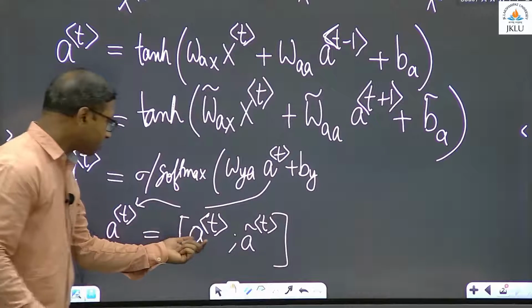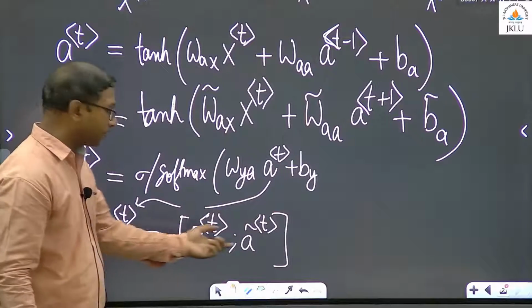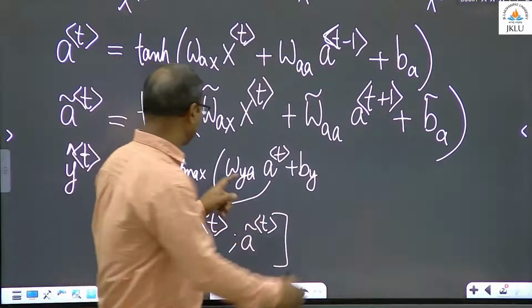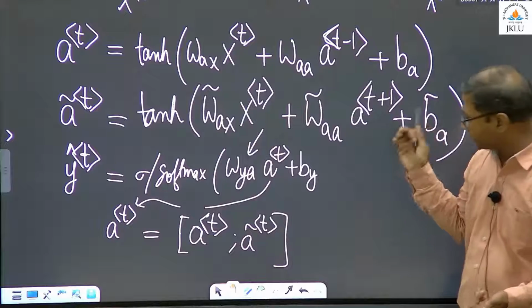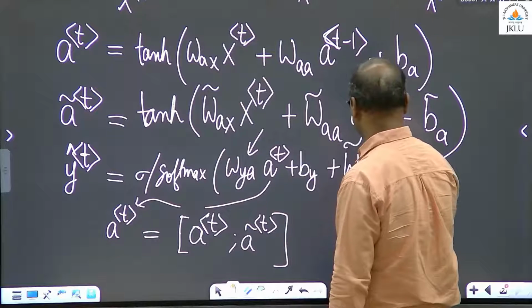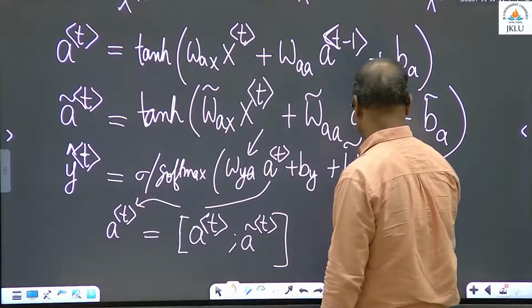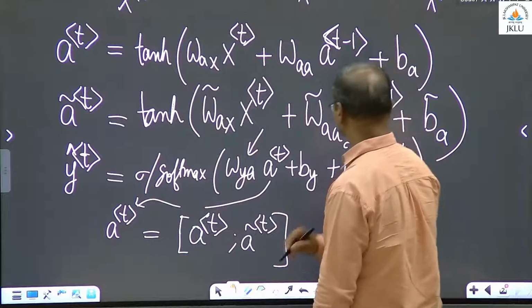You concatenate, so if this was 100 and this was 100, the real a_t will become 200, and hence the parameters here will just double. So you can write the whole equation like we were writing before, plus W tilde_ya plus b_y tilde.